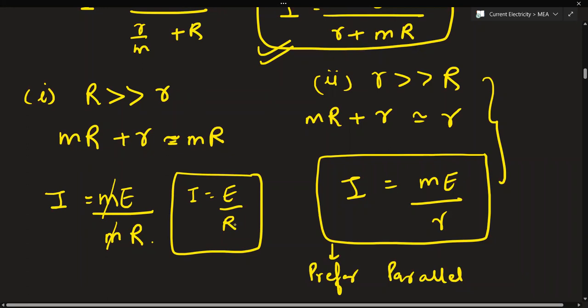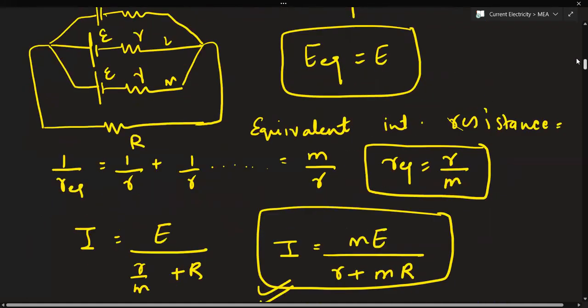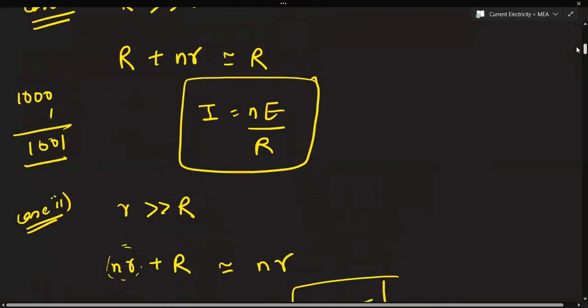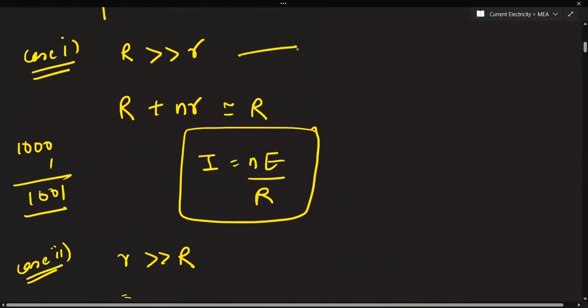Here it is only E by capital R. Here it is ME divided by R. See, conditions can vary. It can also have a higher value if the values of capital R change. But in general, if nothing is mentioned, we prefer parallel combination if the internal resistance is greater than external resistor. In series combination, where your external resistor was greater than internal resistor, here we prefer series combination.